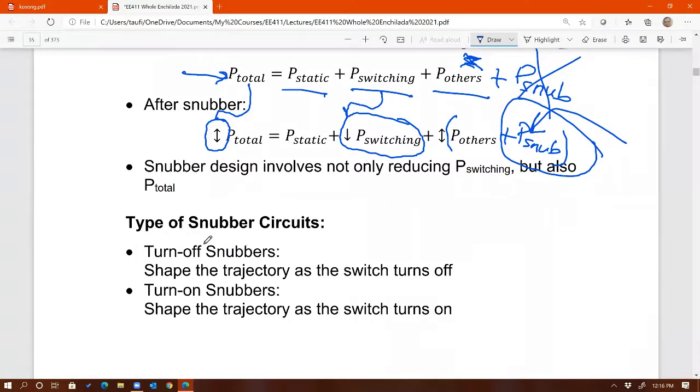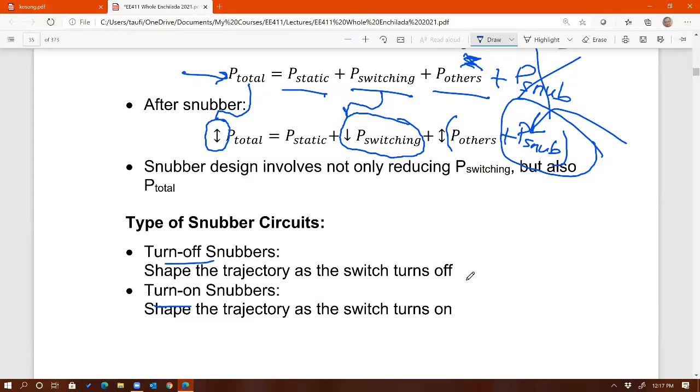In terms of the types of snubbers, there are two different types, turn off and turn on. Turn off means that the circuit is being used to minimize turn off switching loss, only the turn off transition. Turn on, as you can guess, is used to minimize switching loss coming from the turn on transition.